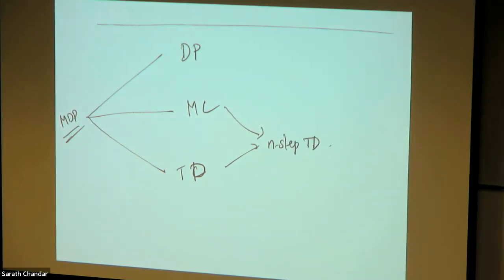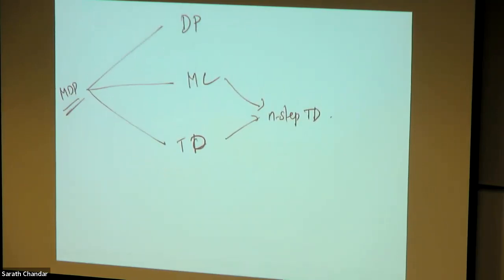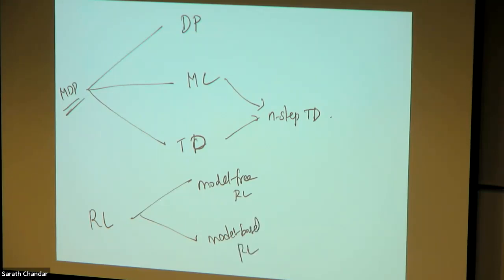Now, in terms of solving the reinforcement learning problem itself, we can categorize all our discussions as model-free RL, which is what I have described so far. And we also have model-based RL, which means that you are either having access to the world model or you are learning the world model.